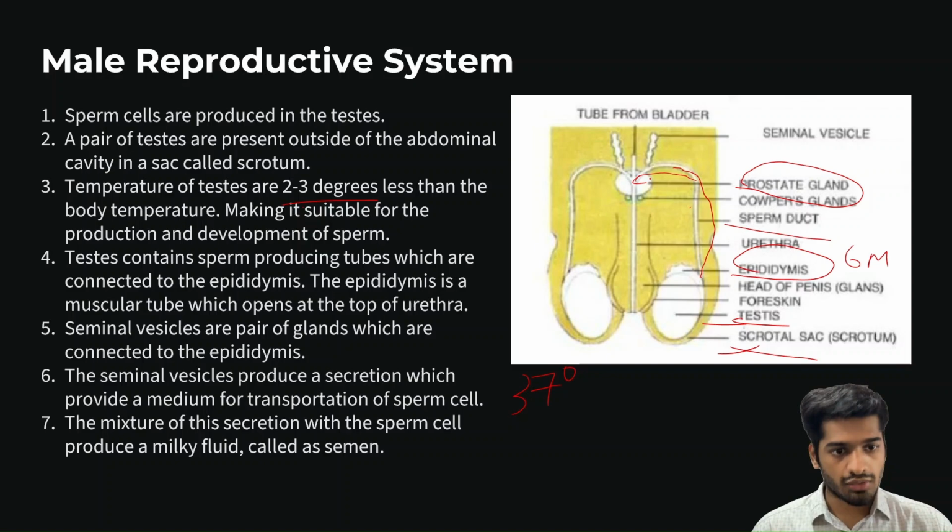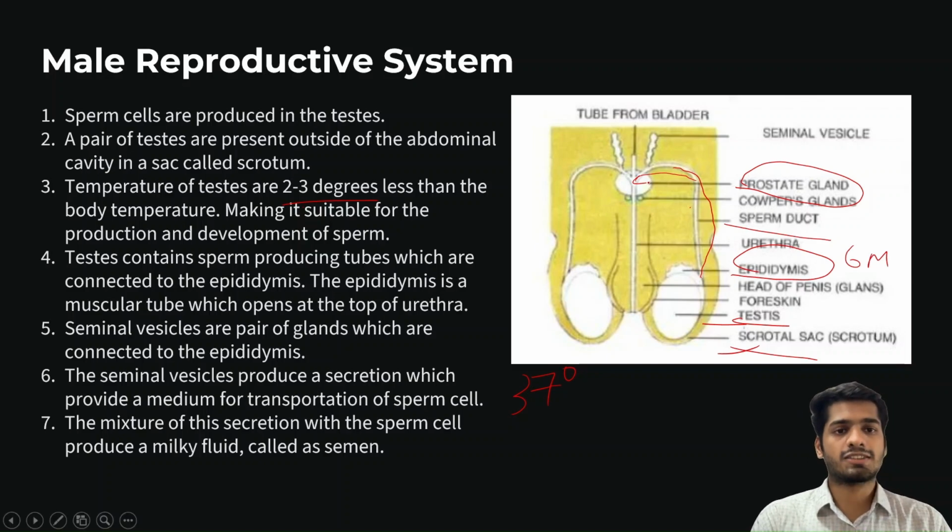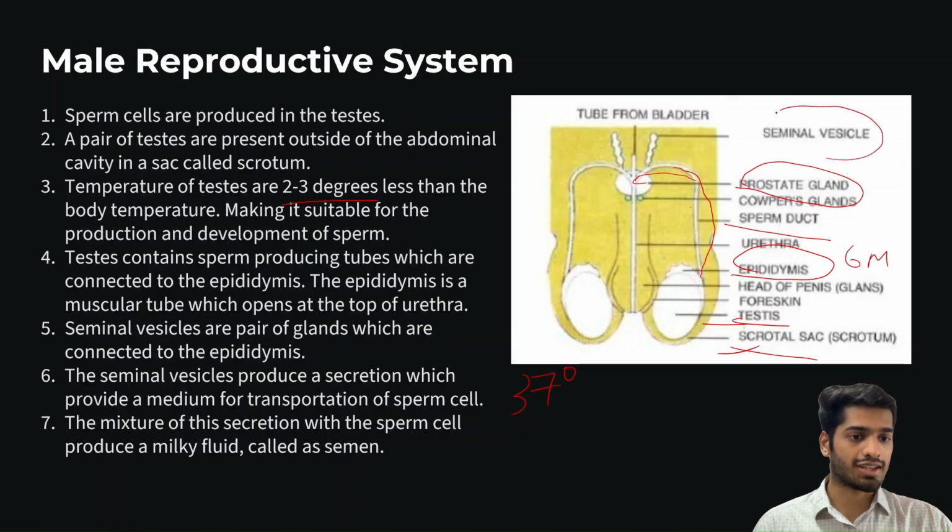Now, the most important thing we need to remember is that behind this prostate gland there is a gland known as the seminal vesicle. The function of the seminal vesicle is to pour some secretion. Till this point we have sperm cells only. As soon as the sperm cells cross this point, the seminal vesicle secretes some fluid.